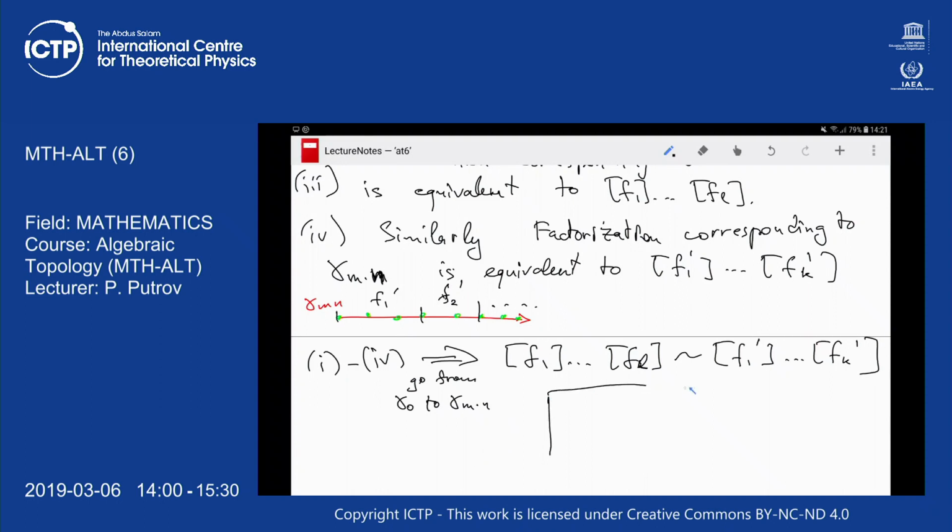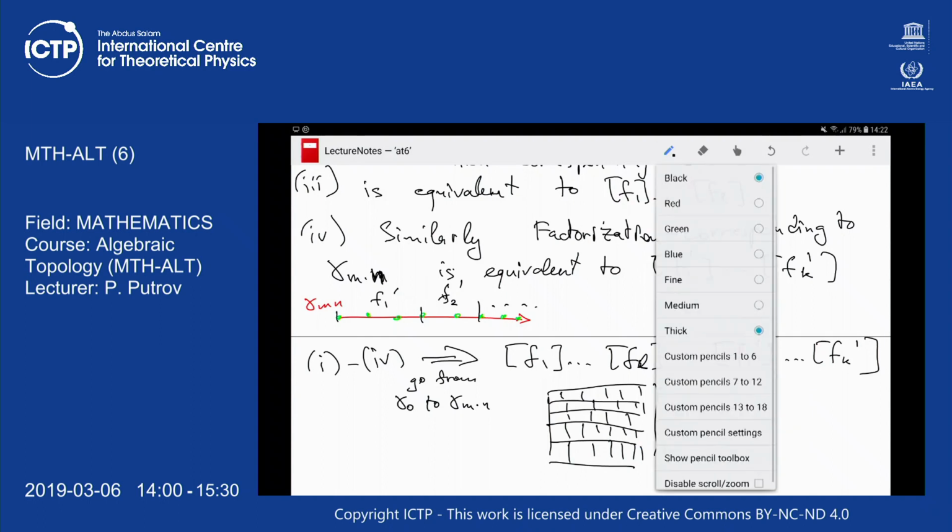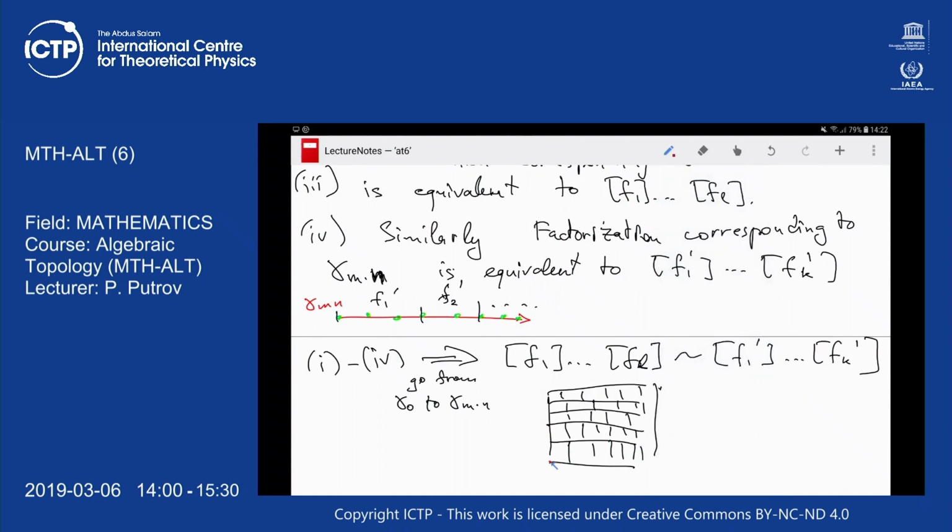So again, the main idea is that we separated everything into small rectangles. The homotopy relating paths f and f prime, which are factorized like this. The square corresponding to this homotopy is separated into small paths, and so we move from the bottom path, which corresponds to this, step by step, to the upper one, which corresponds to this factorization.